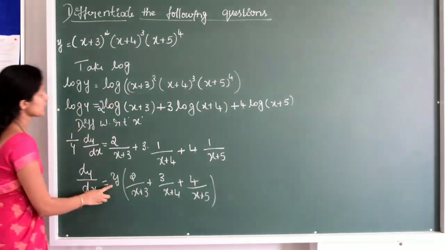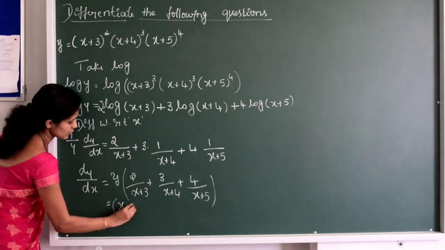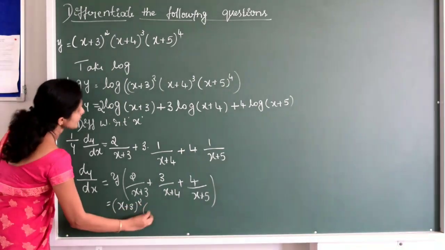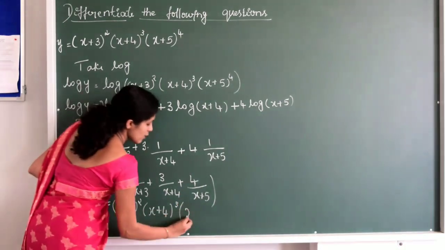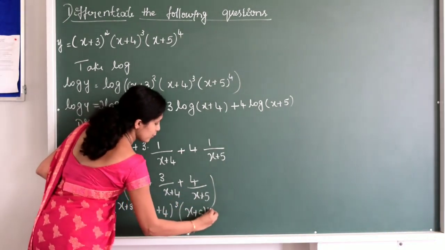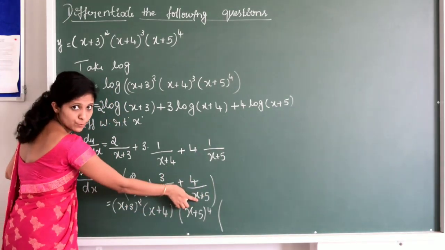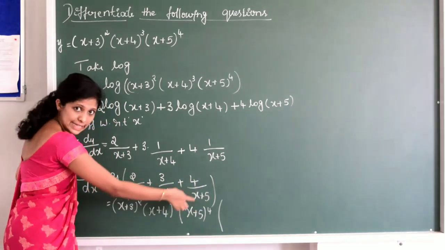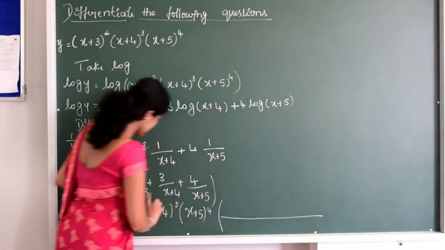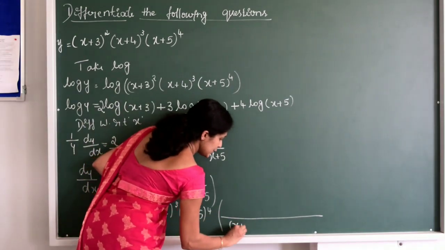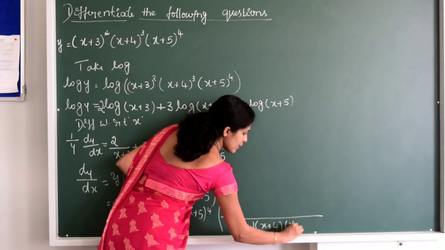Now with this much, how to substitute the value of y? y is now (x plus 3) whole square and (x plus 4) whole cube and (x plus 5) whole to the power 4 into, see here x plus 3, x plus 4 and x plus 5 is there. For that reason you have to take the LCM and simplify. Here LCM is (x plus 3) into (x plus 4) into (x plus 5).